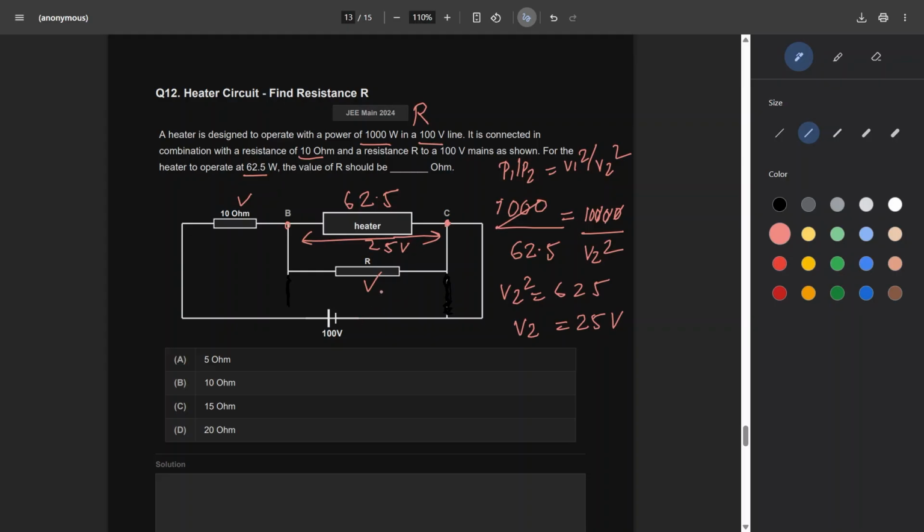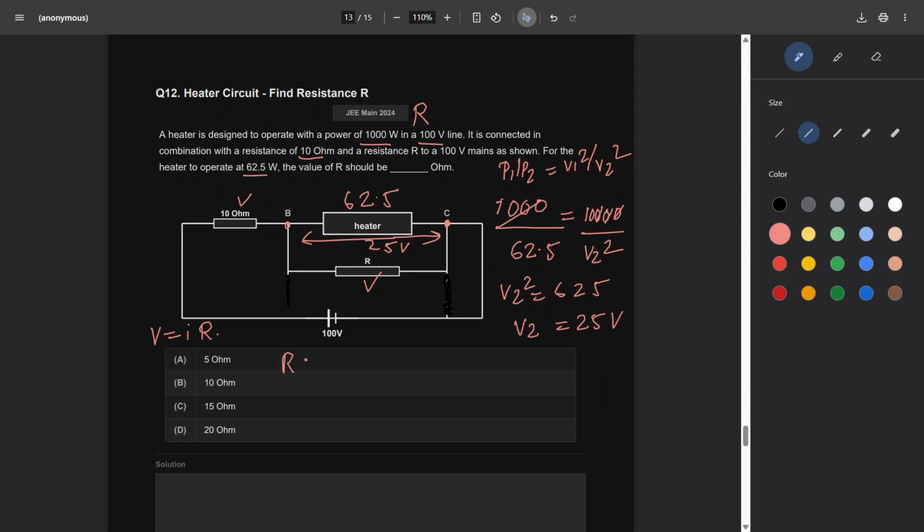then what should you be having? V equals IR, right? So across this combination, you should be having 25 volts. So for the value of R, we will require, I think, the resistance also of the heater.